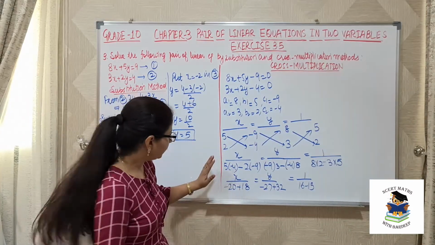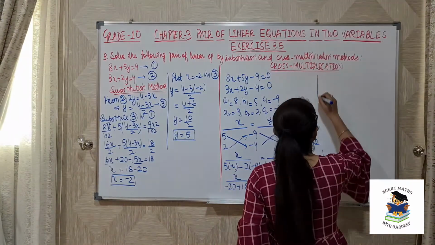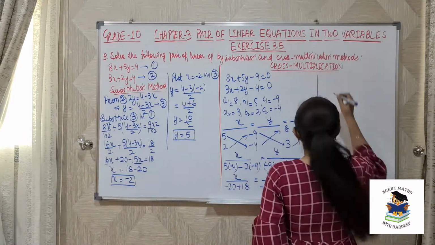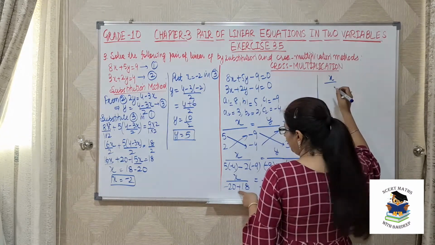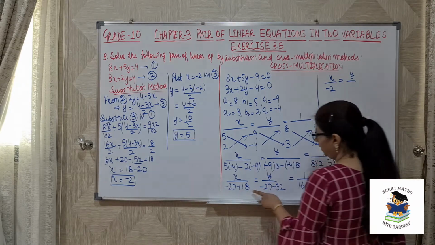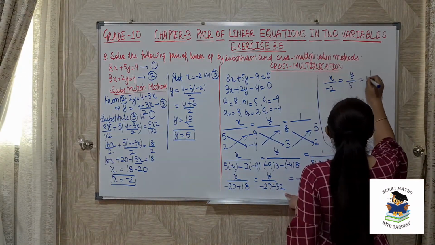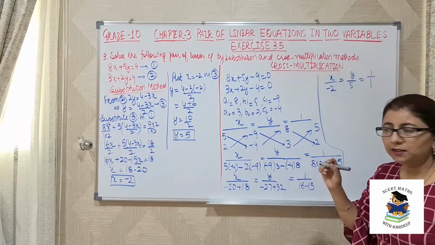Okay. So now let's take our first and last term to find the value of x. X over minus 20 plus 18 is minus 2. Y over minus 27 plus 32 is 5. And 1 over 1. So take first and third term.